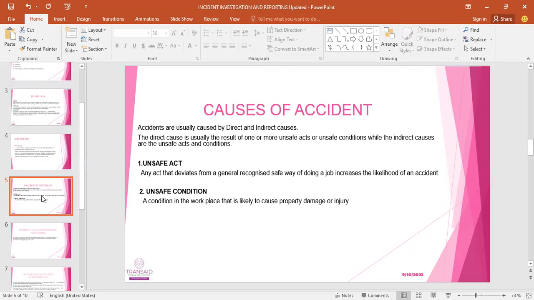An unsafe act is defined as an act that deviates from a generally recognized safe way of doing a job, which increases the likelihood of an accident. An unsafe condition is a condition in the workplace that is likely to cause property damage or injury.